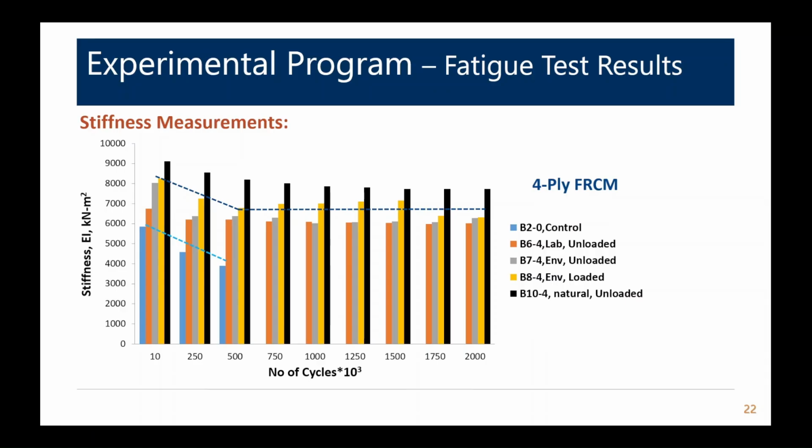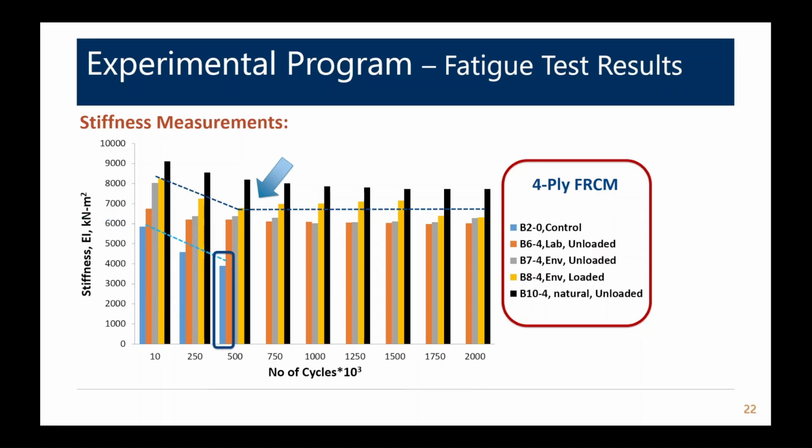Now, in terms of the 4-ply system, we're going from a lower reinforcement ratio to a higher one. We did see a similar behavior, some initial loss in stiffness, then stabilization. All of them reached 2 million cycles except for the control unstrengthened beam at this higher service level loading.